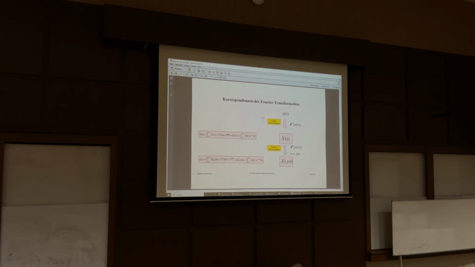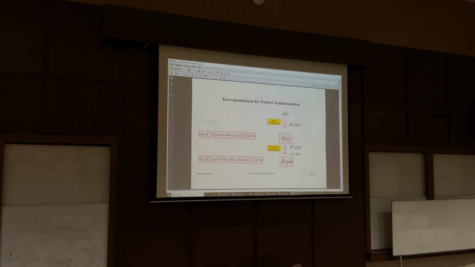Here I just gave you a foil which makes the relation between the Fourier transformation and the Laplace transformation. Laplace was also a transformation for any general signal. We had step, we had sinus, we had a delta impulse. You find in tables any signal you want, exponential functions and so on.